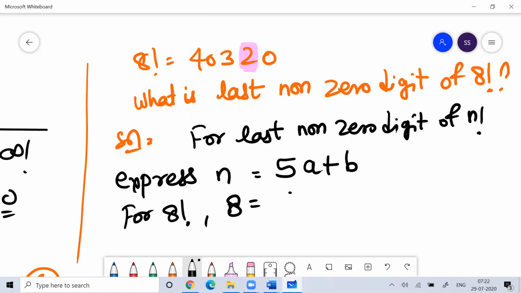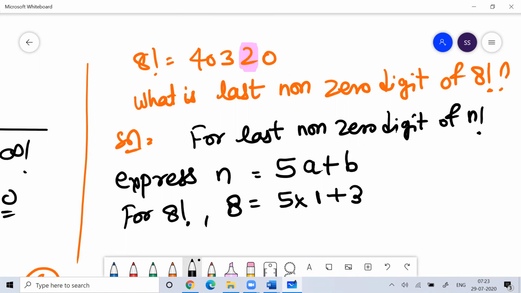For 8 factorial, I can write 8 as 5 into 1 plus 3.